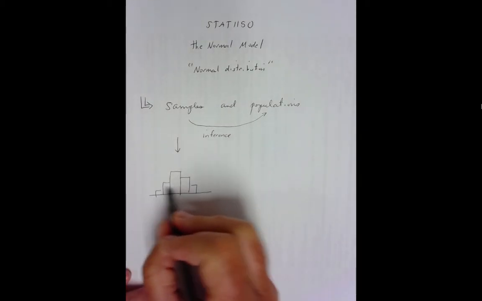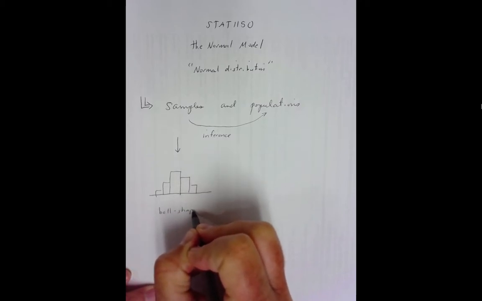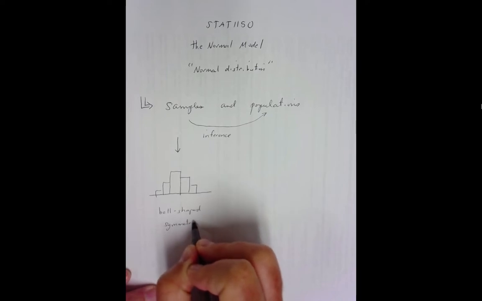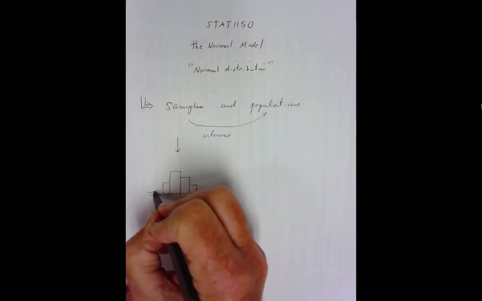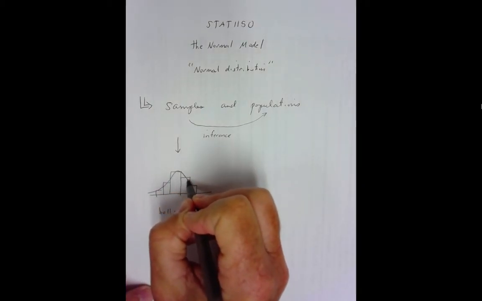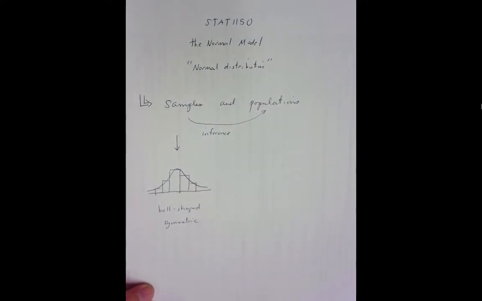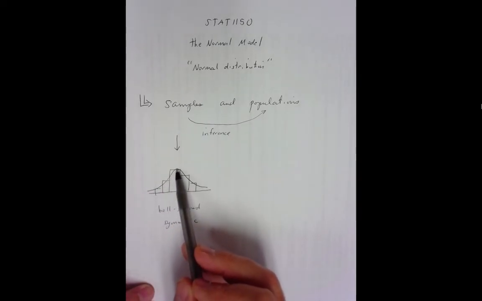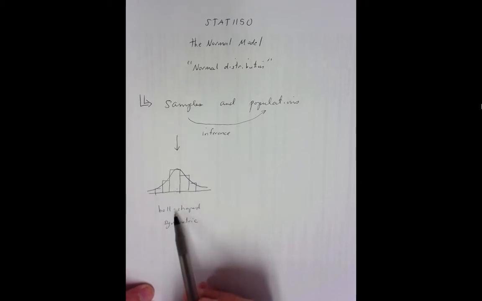If we got a histogram that looked like this, we may describe it as bell-shaped and symmetric. And you'll even see a lot of technology and people draw a nice continuous smooth curve to illustrate the general shape of the histogram.